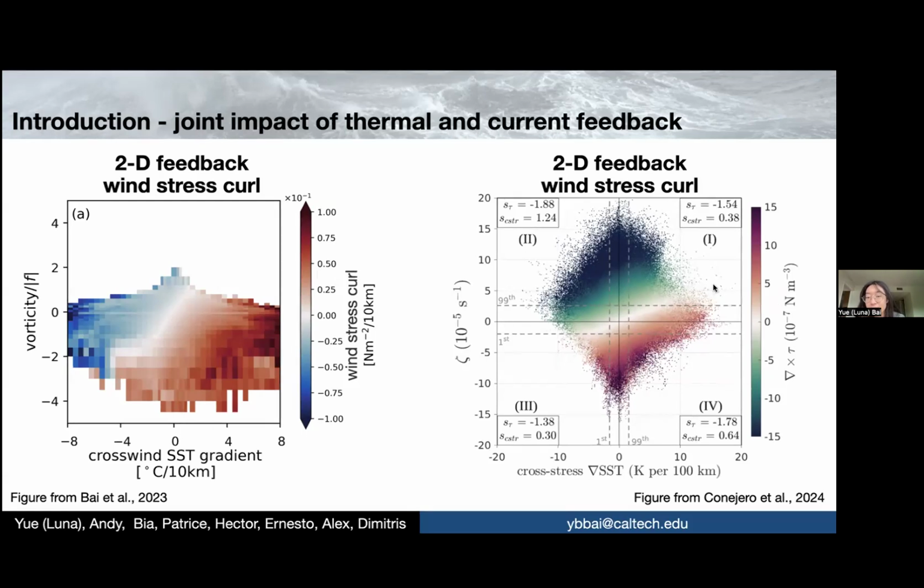In addition, they also divide this plot into four quadrants, and they calculated the linear correlation coefficient between crosswind SST gradient or ocean surface vorticity with the wind stress curl. They further prove quantitatively that in the first and third quadrants, these correlation coefficients are a lot smaller compared with the fourth and second quadrants, in which the two effects are reinforcing each other.